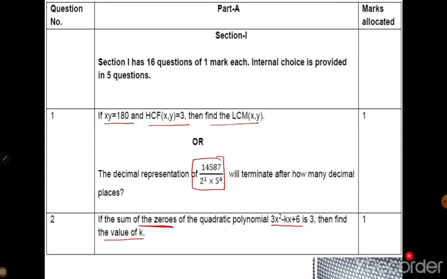Let alpha and beta be the zeros of the given polynomial. Then alpha plus beta is 3. This is given, right? Then find the value of k.